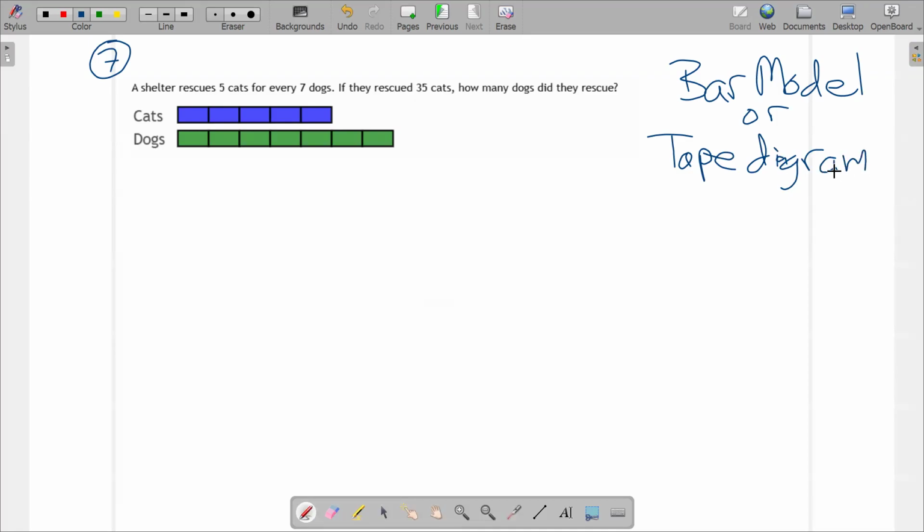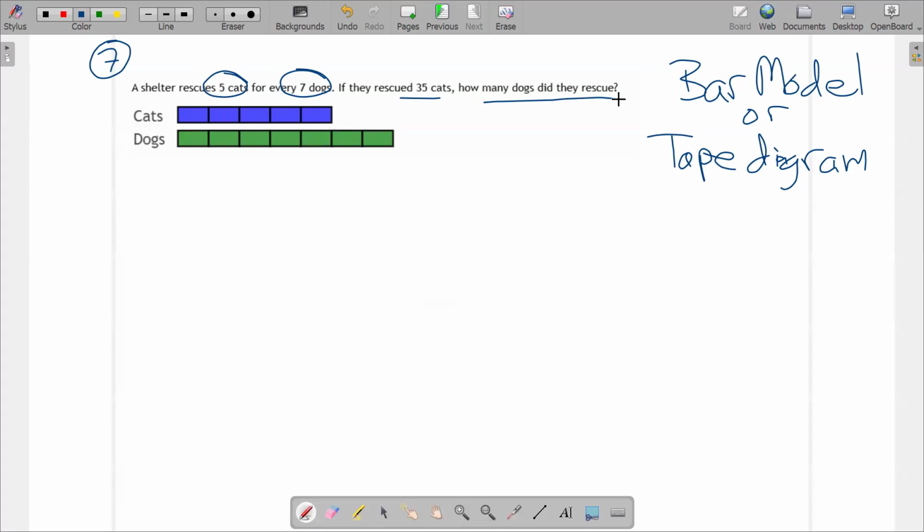And they can be really helpful in solving these kinds of problems, where we have a little bit of information about how two things are related and then other information about how they might have changed. So here they're showing me a picture of the ratio of 5 cats to 7 dogs. And they're saying, okay, we rescued 35 cats. How many dogs did they rescue? Assuming they always have the same ratio.